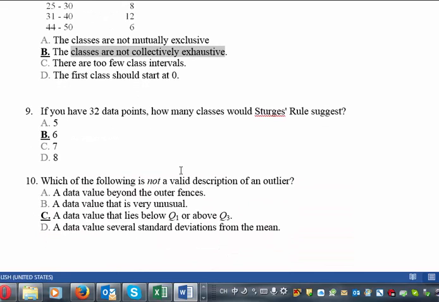Okay. Number 9. If you have 32 data points, how many classes would Sturges' rule suggest?